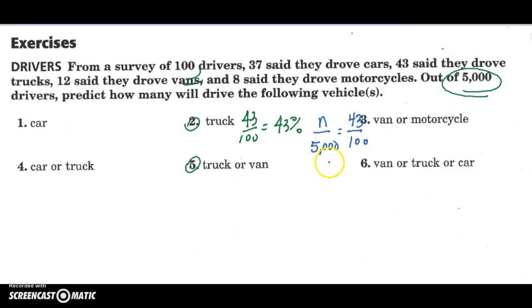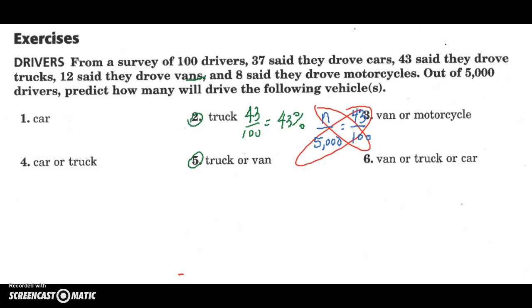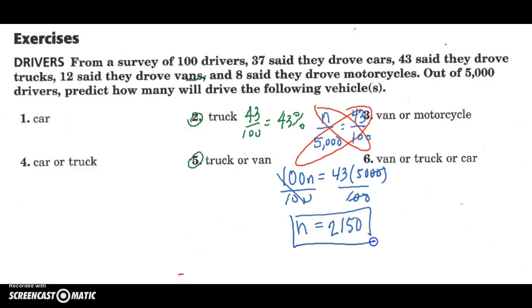So when you cross multiply and divide by 100, you end up with 100N equals 43 times 5,000. Divide by 100, divide by 100, and 43 times, let's cancel out the 2 zeros, 43 times 50 gives us 2,150. That's how many should drive trucks based on our survey, our experiment. Okay, so that was all number 2.